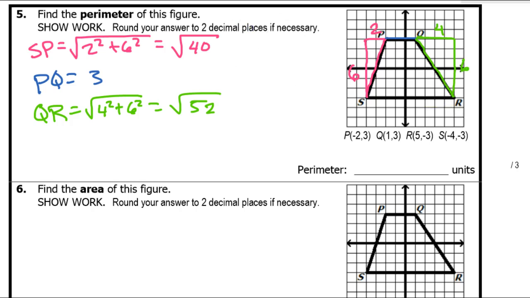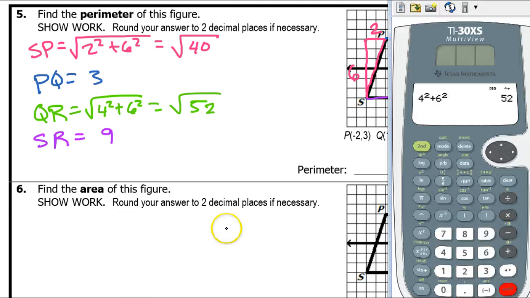And then SR, this horizontal piece, we can just count this. I see 4 and 5, so that's going to be 9. So for the perimeter, we're just going to add up all of these lengths.